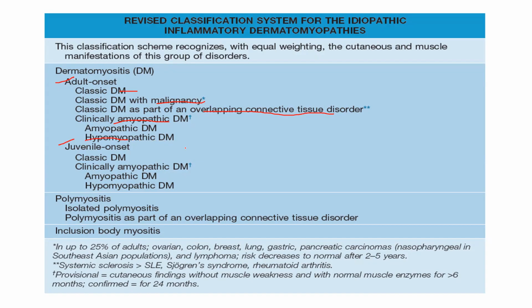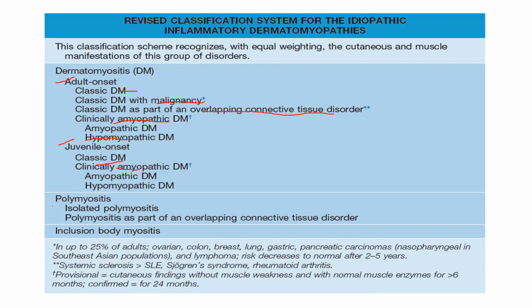The muscles are affected, but not to a great extent. And then the classification under juvenile will still be either the classic type or the clinically amyopathic dermatomyositis or hypomyopathic. Every time you add a in front of a word, it makes it a negative. Amyopathic means without muscle involvement. Then hypomyopathic, slight muscle involvement.